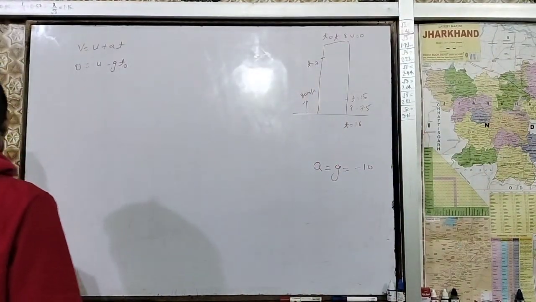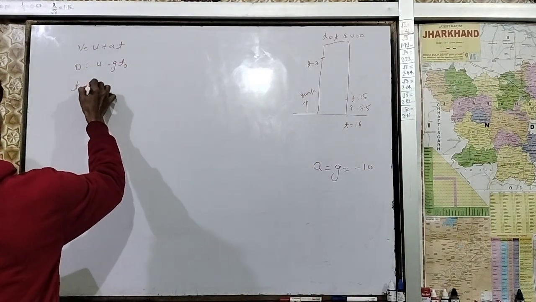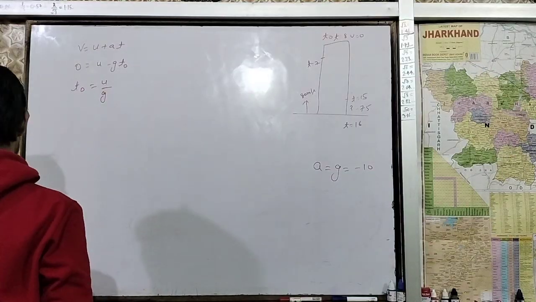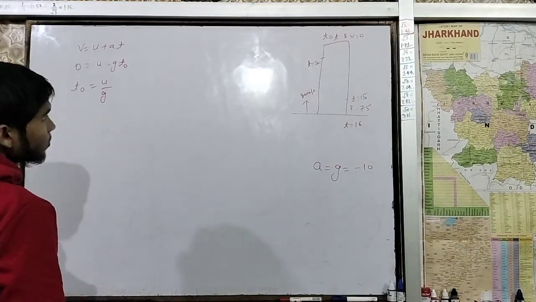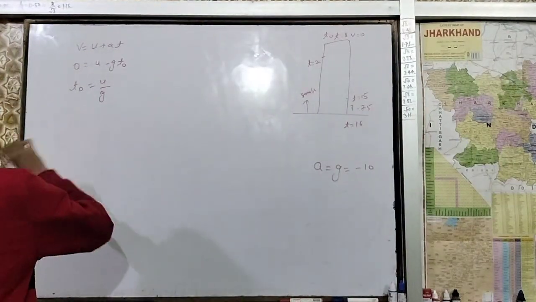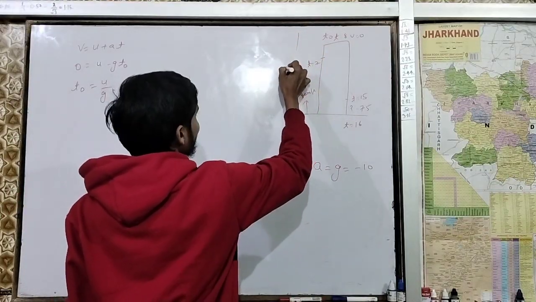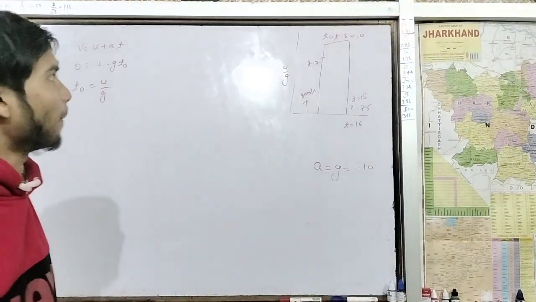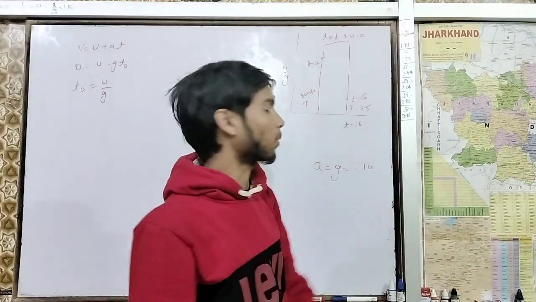One thing we are getting is t naught, which is u upon g. From here till here, this is equal to u by g. But as you can see, here we have double t naught.